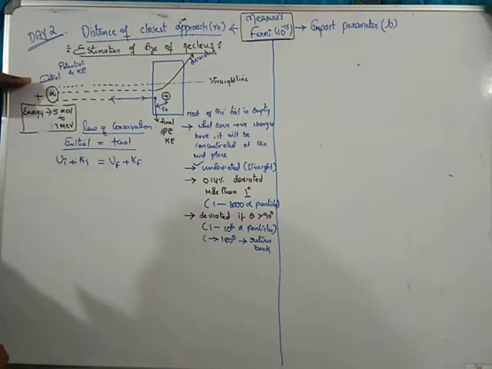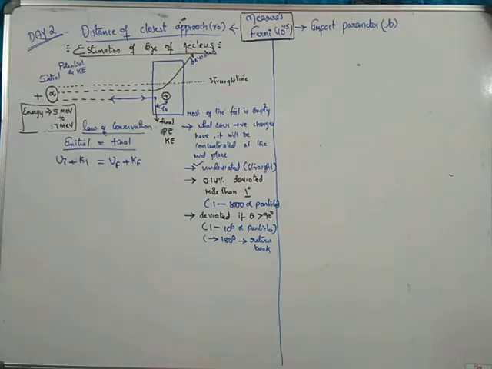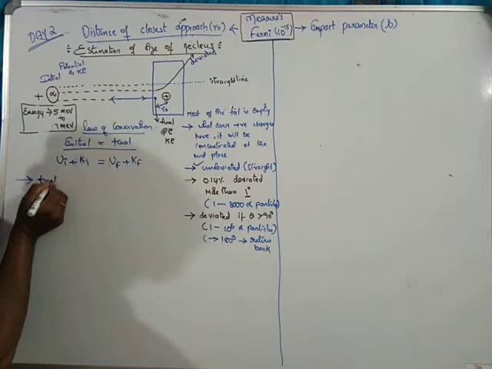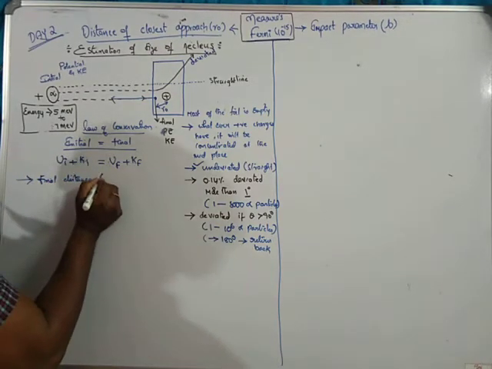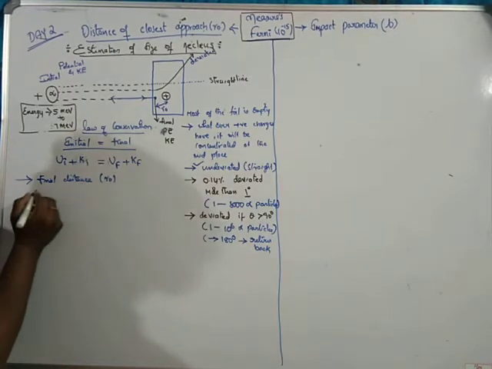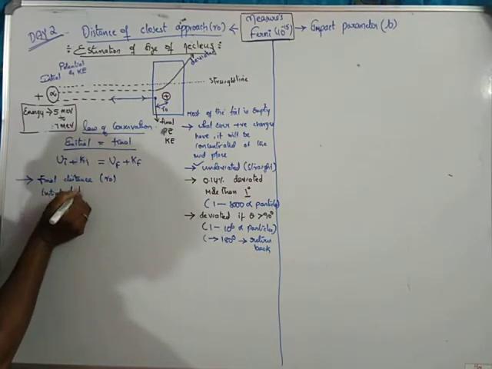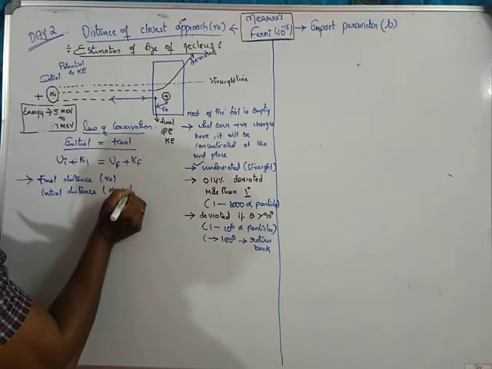What will be the initial distance, and what will be the final distance? We will consider the final distance as R naught, but the initial distance we consider as infinity.